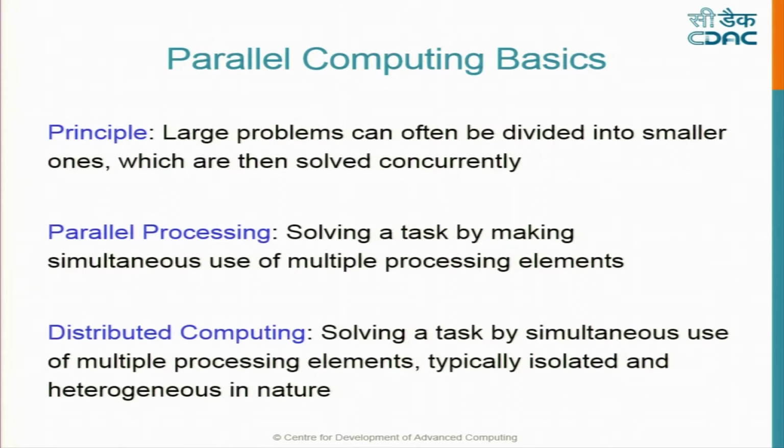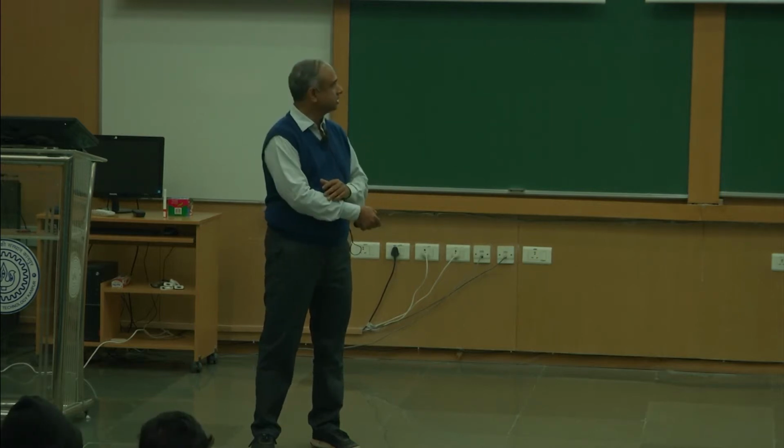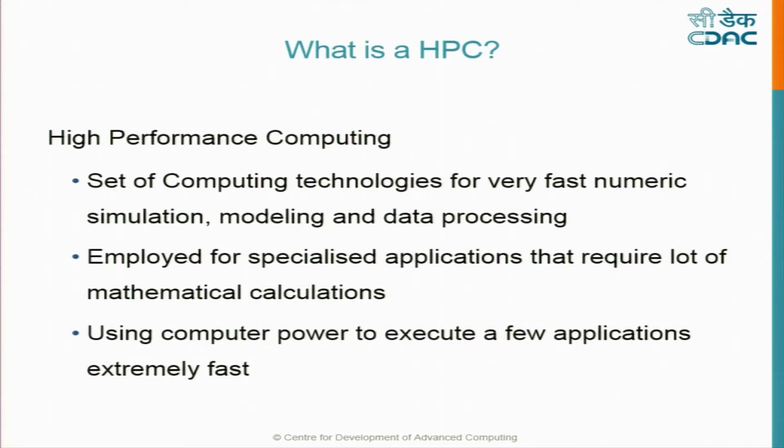These are isolated and autonomous in nature. But if you can use Ethernet or some network to connect them, then you have what is called distributed computing. So at a higher level, either a homogeneous system with a lot of processing elements inside one system, or a distributed system like this, will serve your purpose, but the programming model required may be slightly different, which we shall see in the subsequent slides. So now we come to HPC.